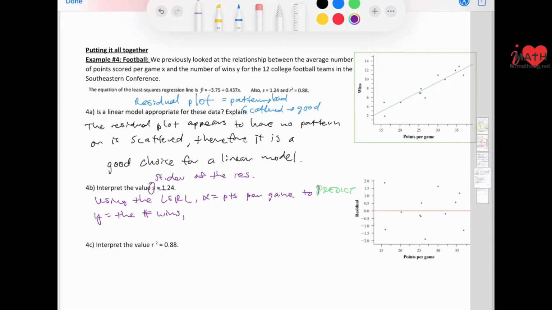What does that mean? We're typically going to be off by what? Typically off by 1.24 wins.